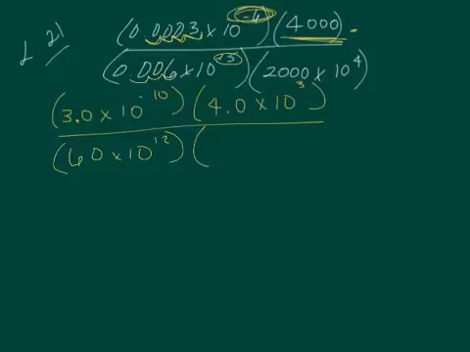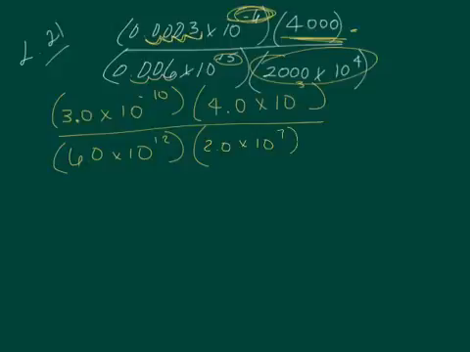And the last one is 2,000. And we are moving it from here 1, 2, 3. So 2.0 times 10, and we moved it to the left. So we're going to add those place values. We're going to add 3 to that 4 and get 7.